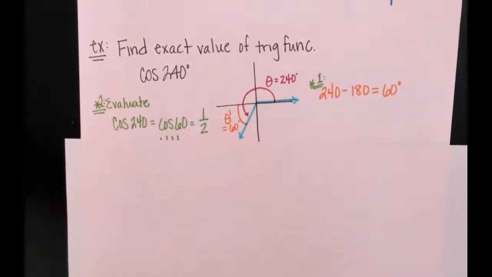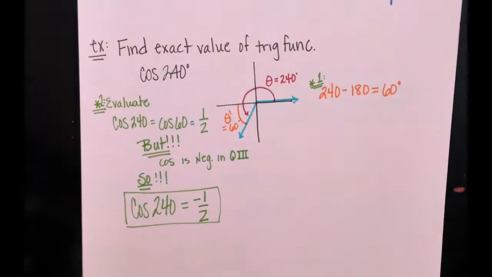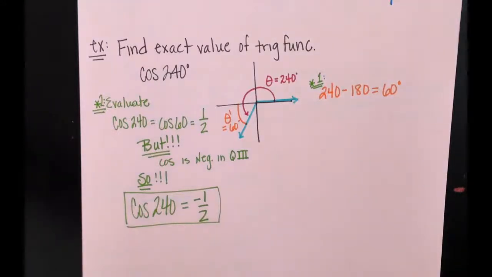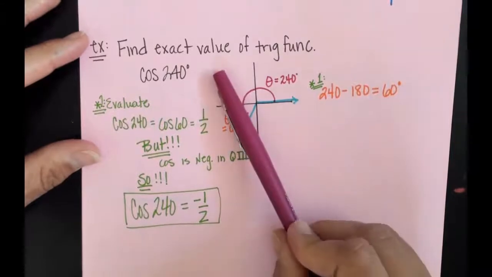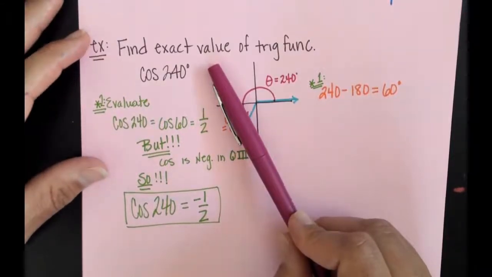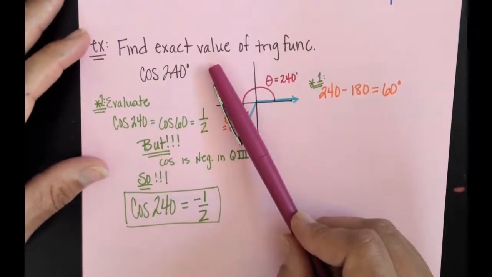So even if we did use the steps, find the reference angle, find the value, and then determine the sign, if it's not going to have a reference angle that's 30, 60, 90, or 45, they're not going to ask for exact value. You're going to end up having to give a decimal.